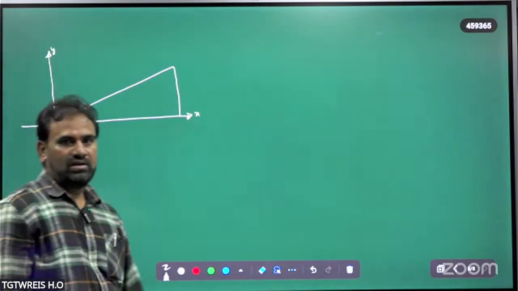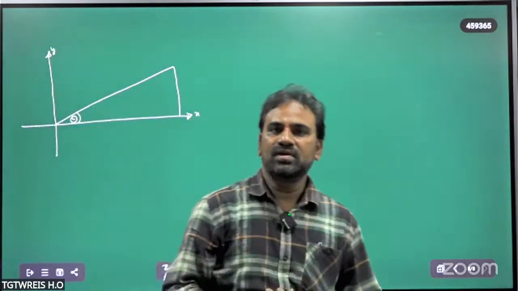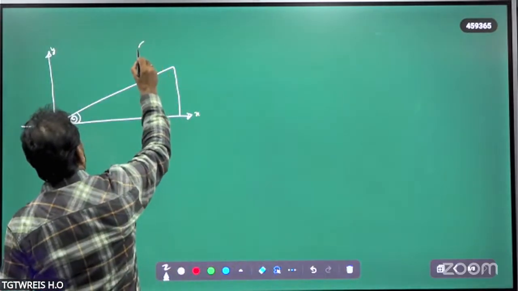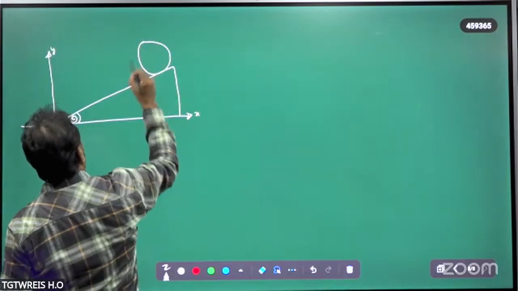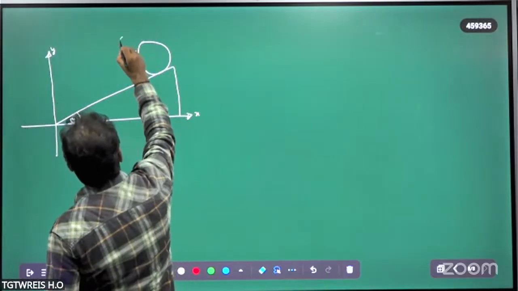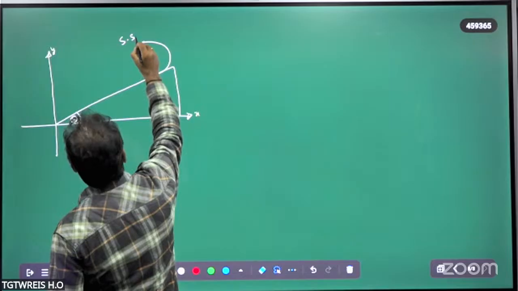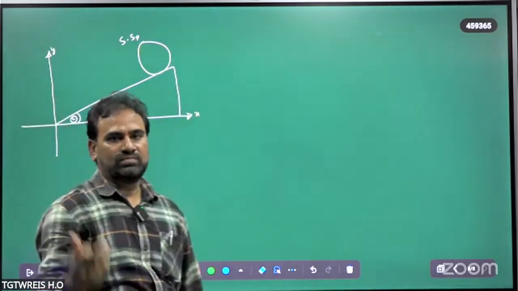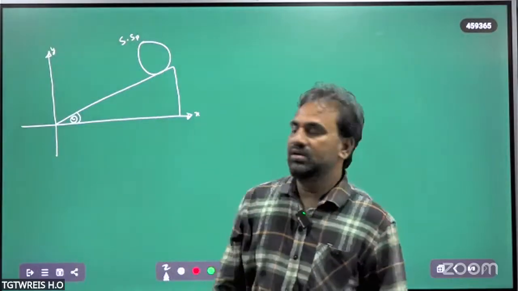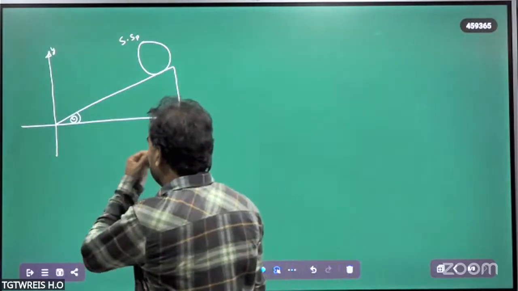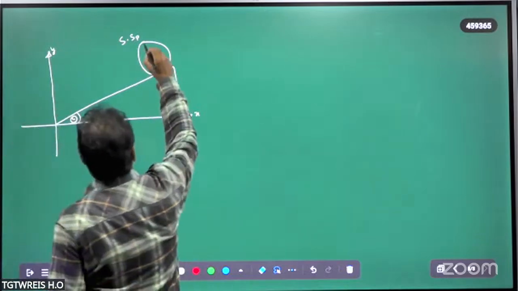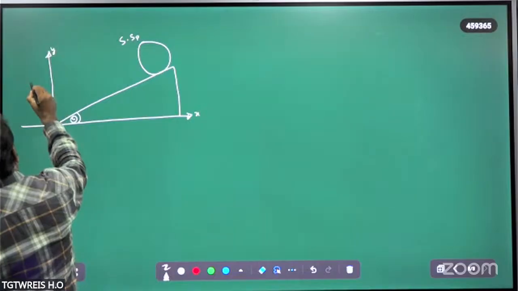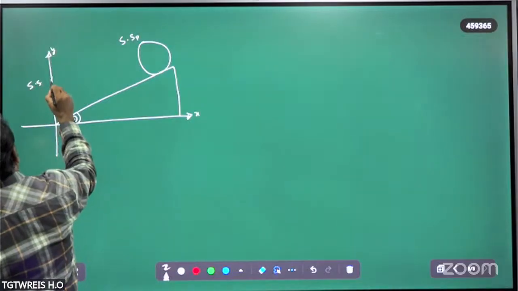A solid sphere having the mass m and radius r rolls down from an inclined plane without slipping. This is a solid sphere. S means solid sphere. A solid sphere is rolling down without slipping from an inclined plane.